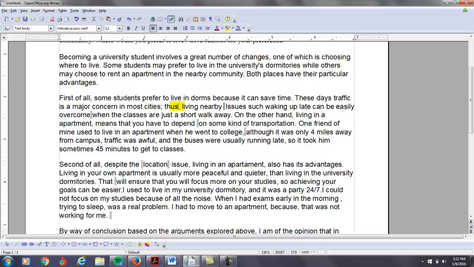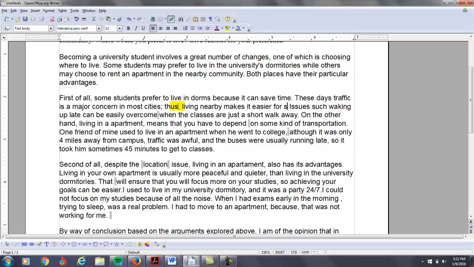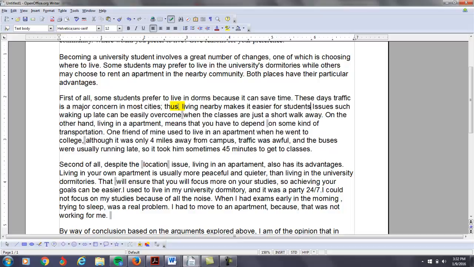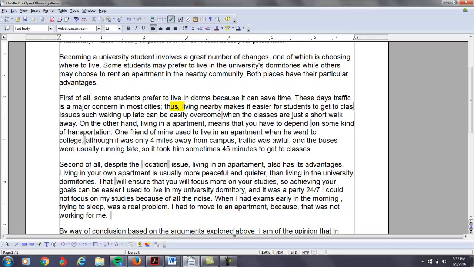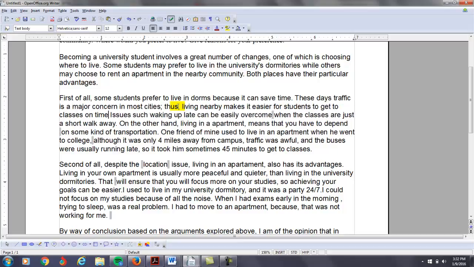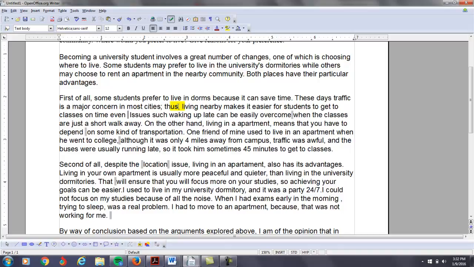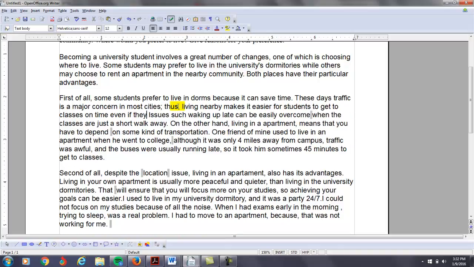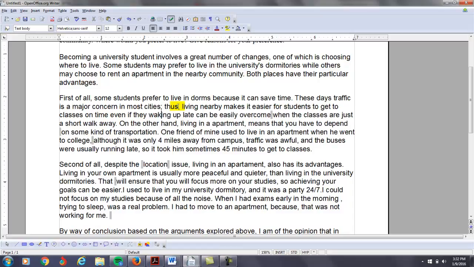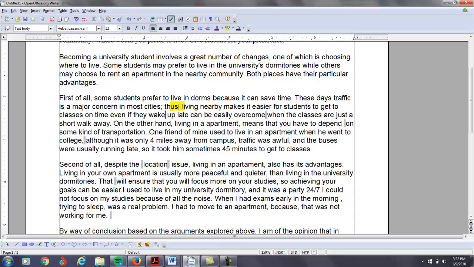Thus, living nearby, easier for students to get to classes on time, even if they wake up late. Now notice instead of using the word you, I'm using students or they.